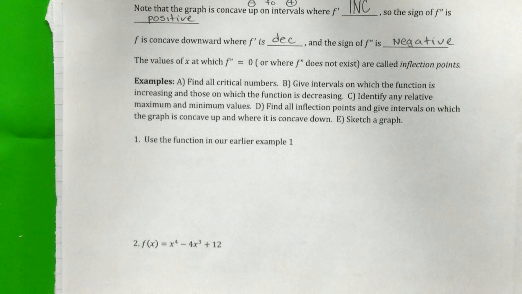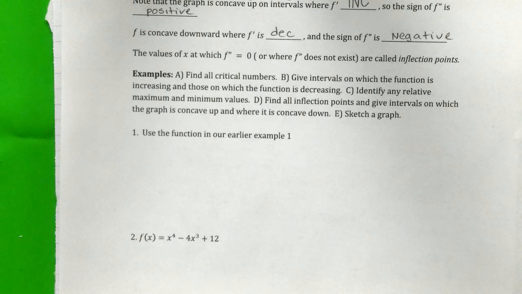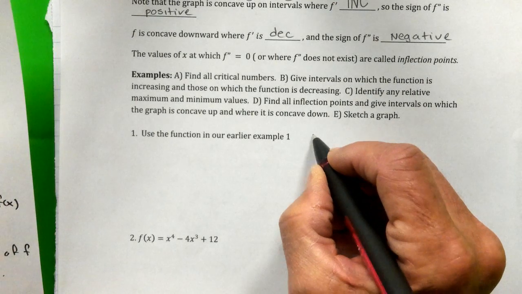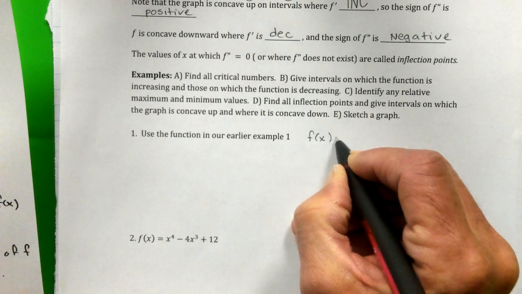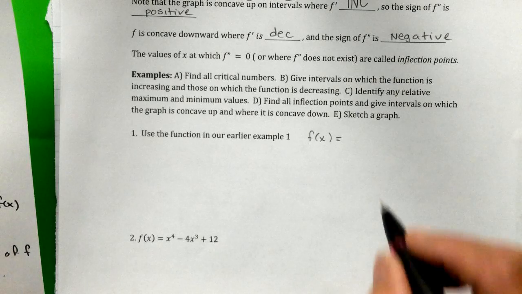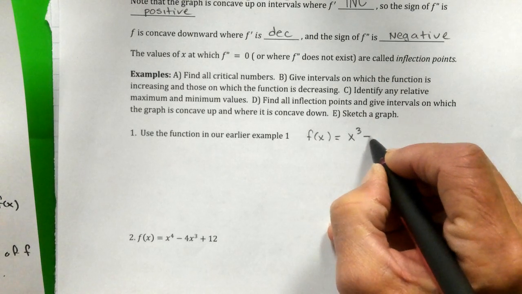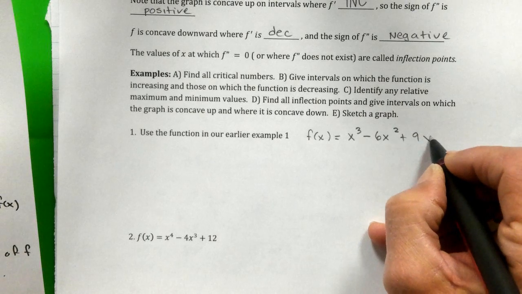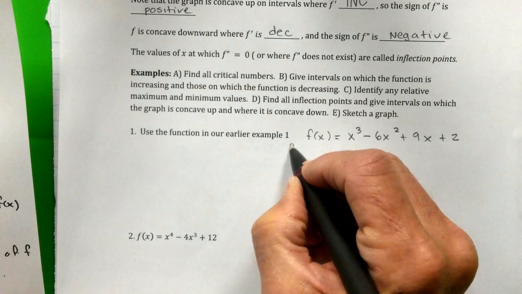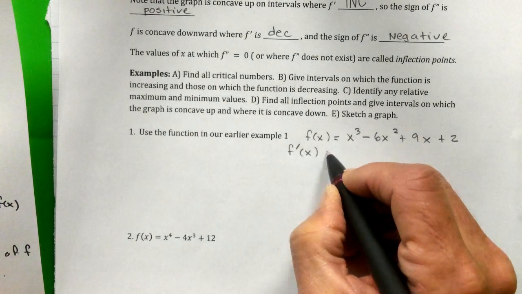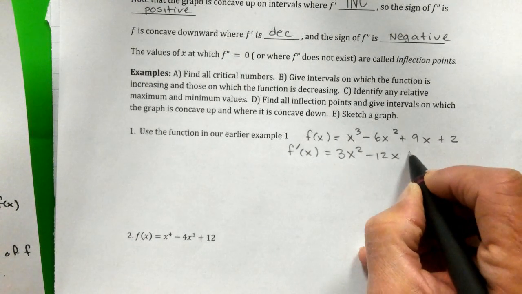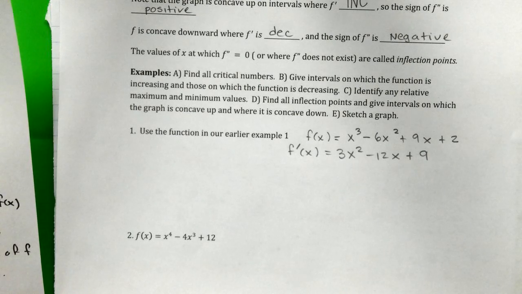So the function from our first example was f of x is equal to x cubed minus 6x squared plus 9x plus 2, and our first derivative was 3x squared minus 12x plus 9.